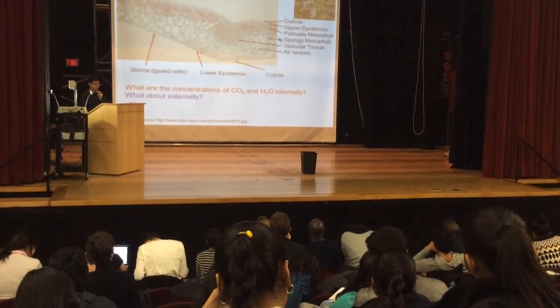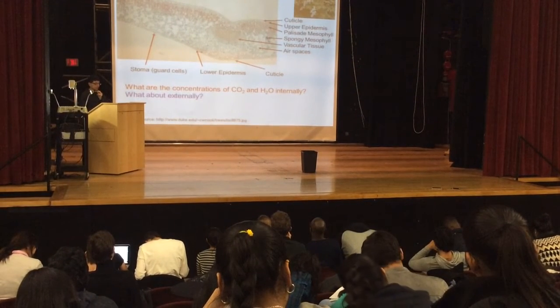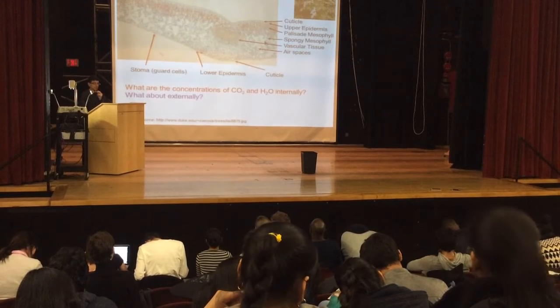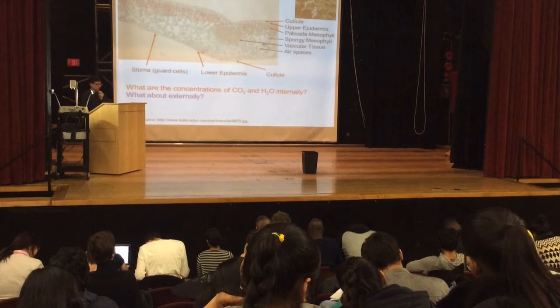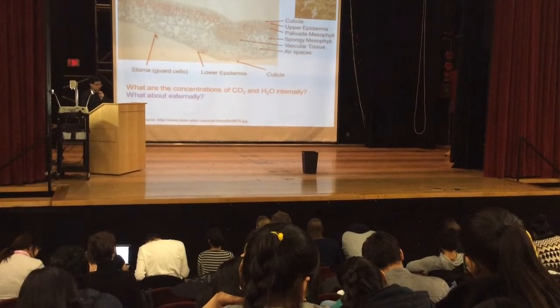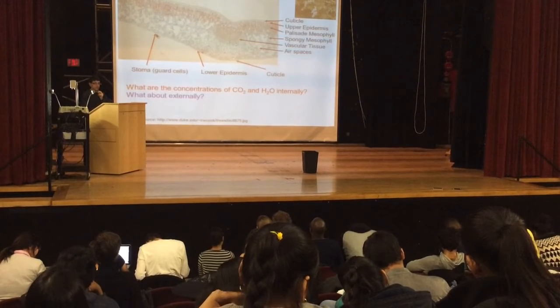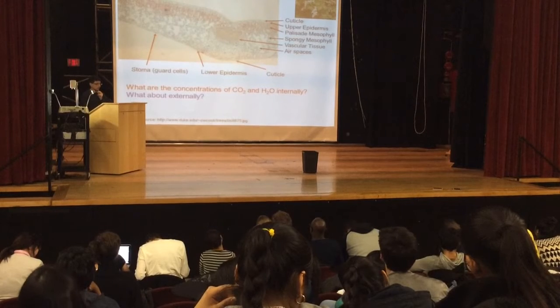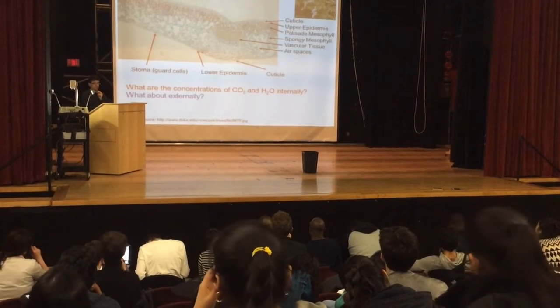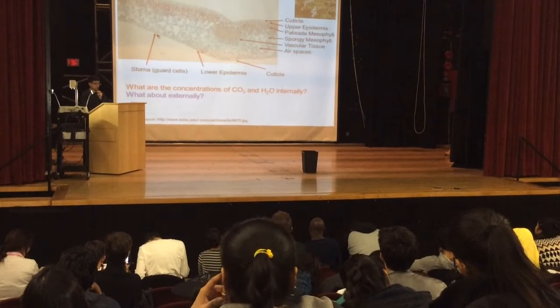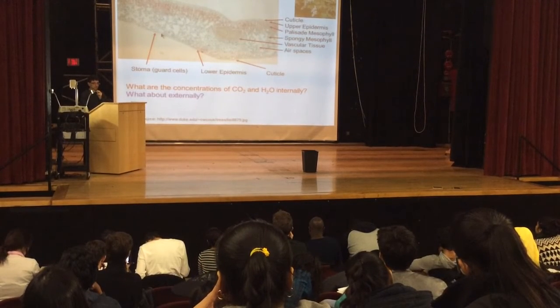The spongy cells are smaller, lots and lots of air spaces in between them, and they have fewer chloroplasts. Notice there are stomata in the bottom side, but there are no stomata at the top layer. So the upper epidermis does not have any stomata. The lower epidermis does have stomata.